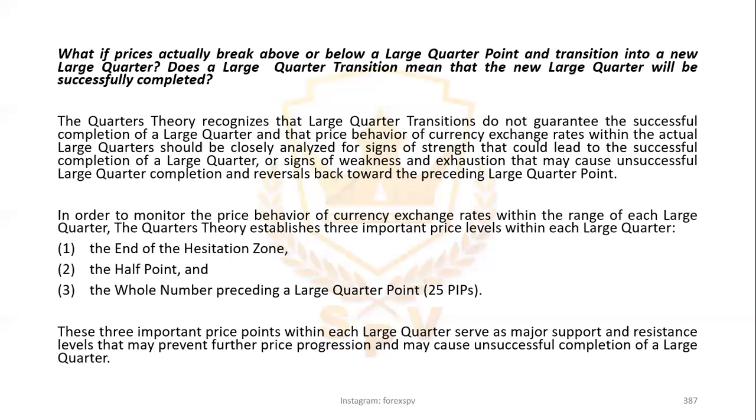So the 25 pips from each large quarter point. These three important price levels may prove to be difficult support and resistance points and may prevent further price progression, preventing a successful completion of a large quarter. So it's actually easy to identify if we would have a successful completion of the large quarter.